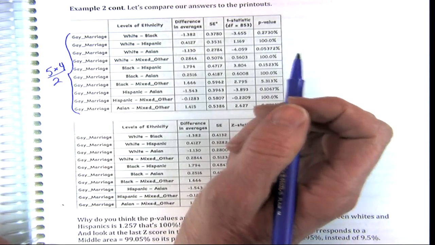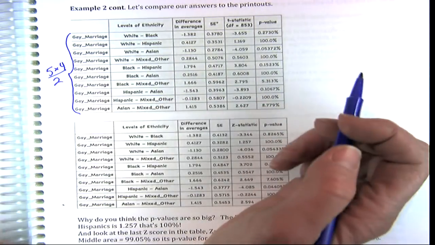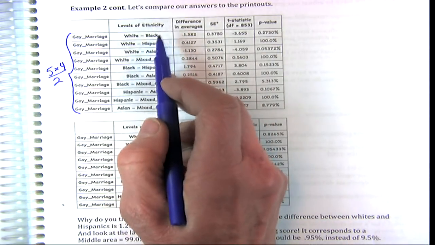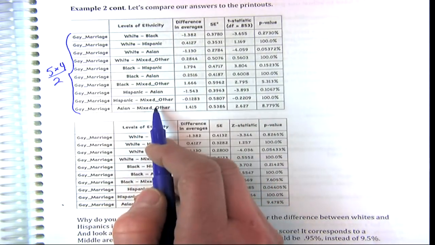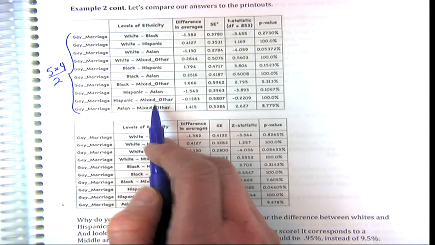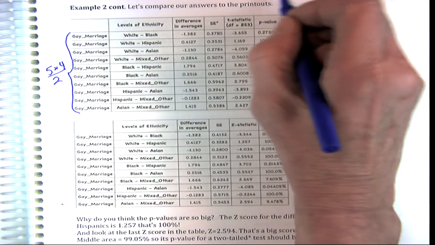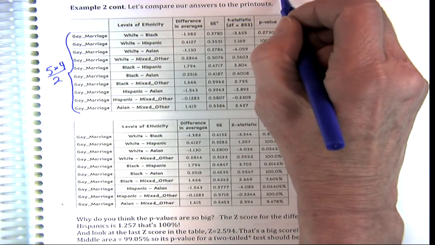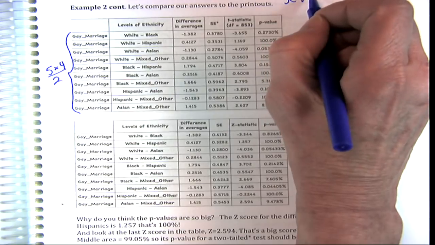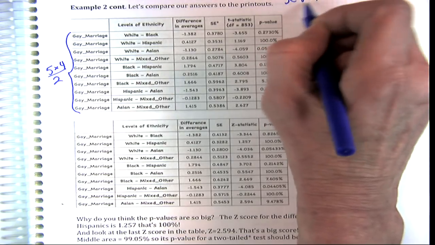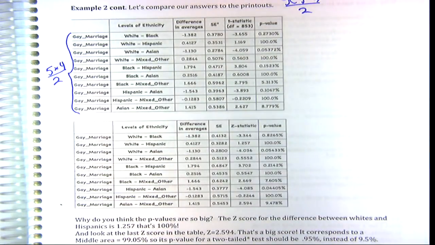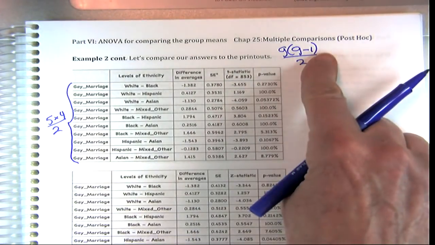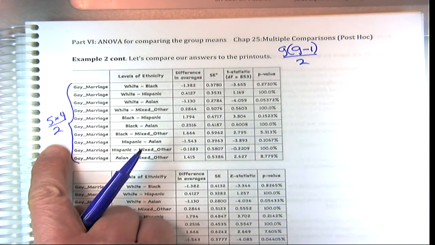Comparing whites and blacks is the same as blacks and whites. So here we have the 10 pairwise comparisons for 5 groups. For any number of groups, it's G times G minus 1 over 2. So in this case we have 10.